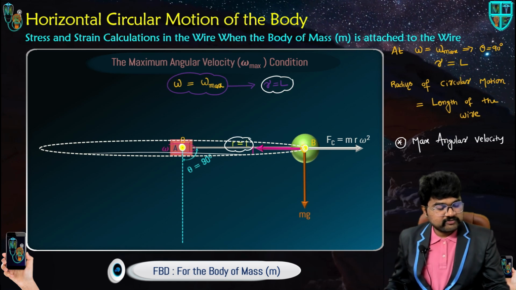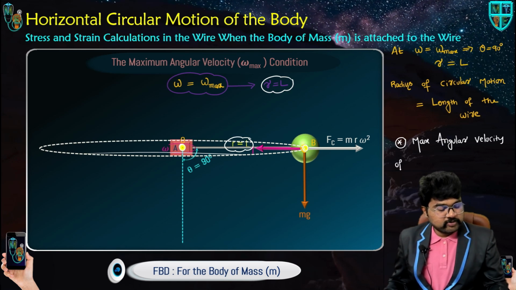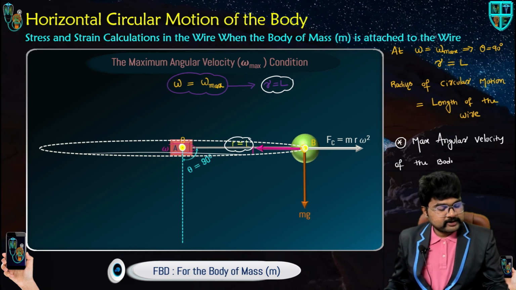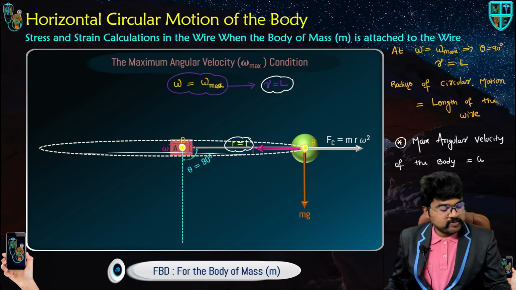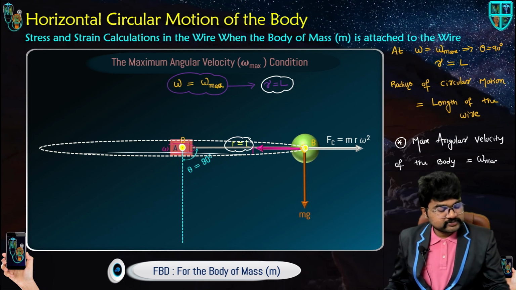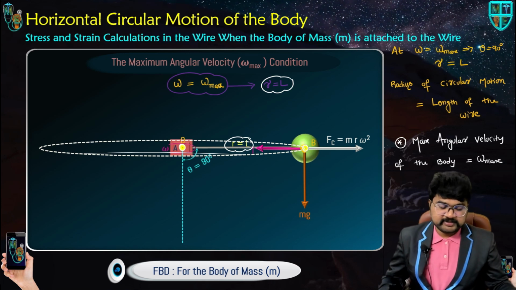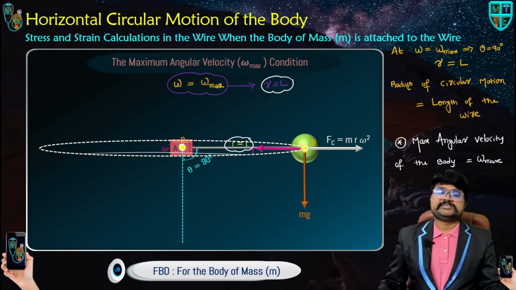That is omega maximum, the maximum angular velocity of the body. At that condition, these things will be satisfied.